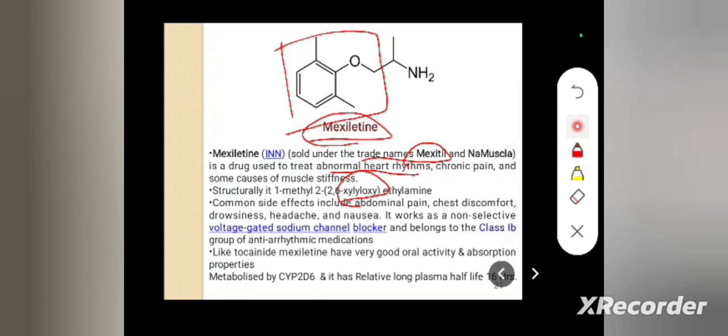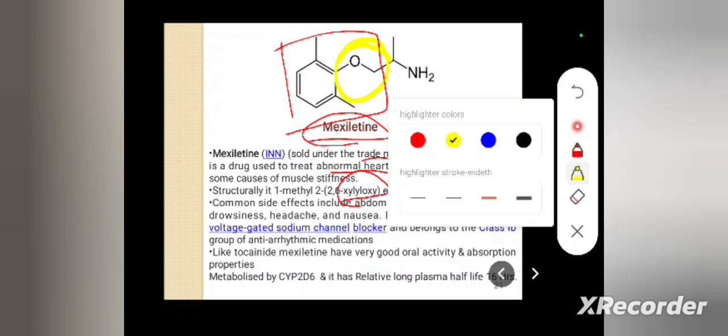At this carbon there is the methyl and amino substitution like tocainide. So the only structural difference between tocainide and mexiletine is the ether linkage, whereas in tocainide there is an amide linkage.